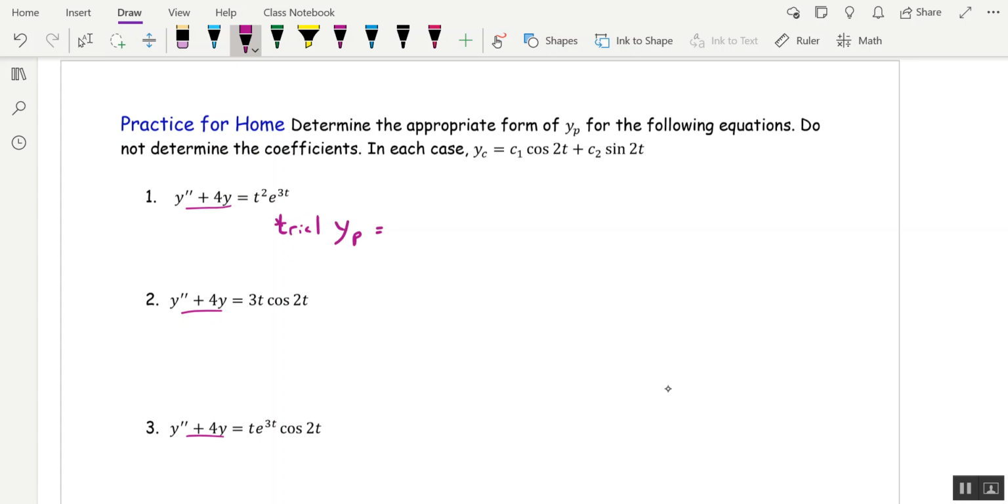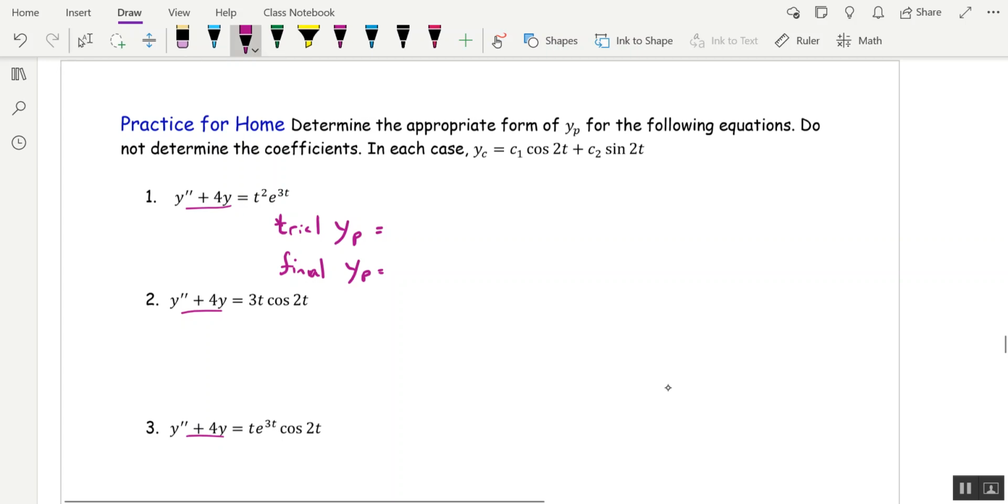The only change in each case is your f. So write down the trial yp, check for repeats, and then write down your final yp. And if you don't have to multiply by any powers of t, you can just write final yp is same, all right? Otherwise, multiply it by whatever power of t you need to.